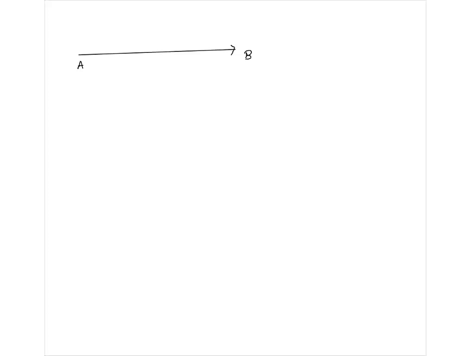So only in one condition you will find that magnitude of displacement is always equal to distance. But otherwise, the general rule is that magnitude of displacement is less than distance, or to make it absolutely general, magnitude of displacement is less than or equal to distance.